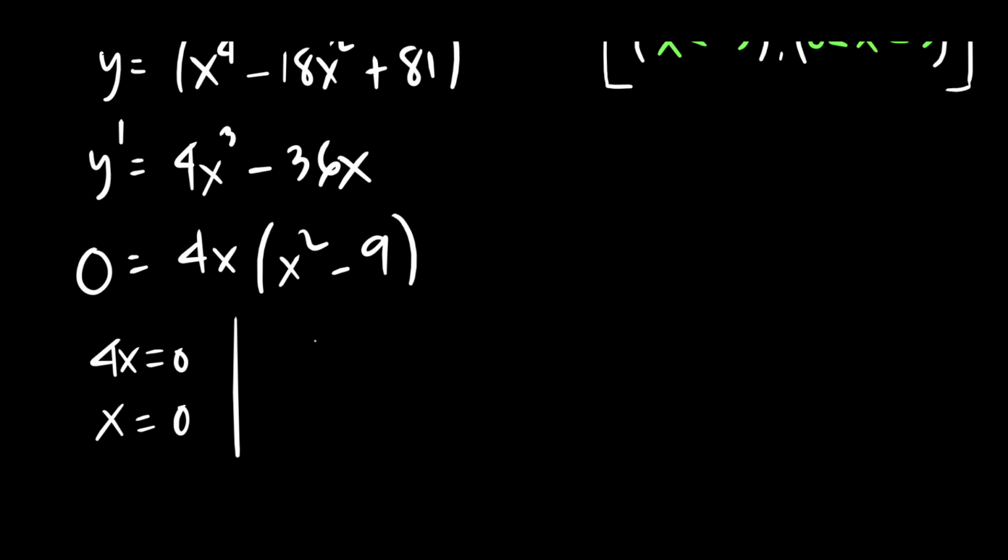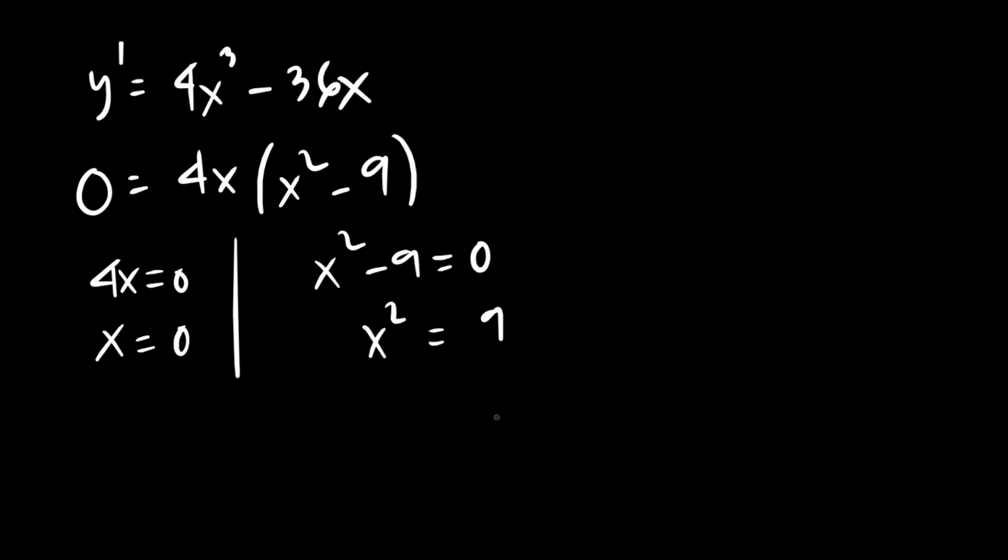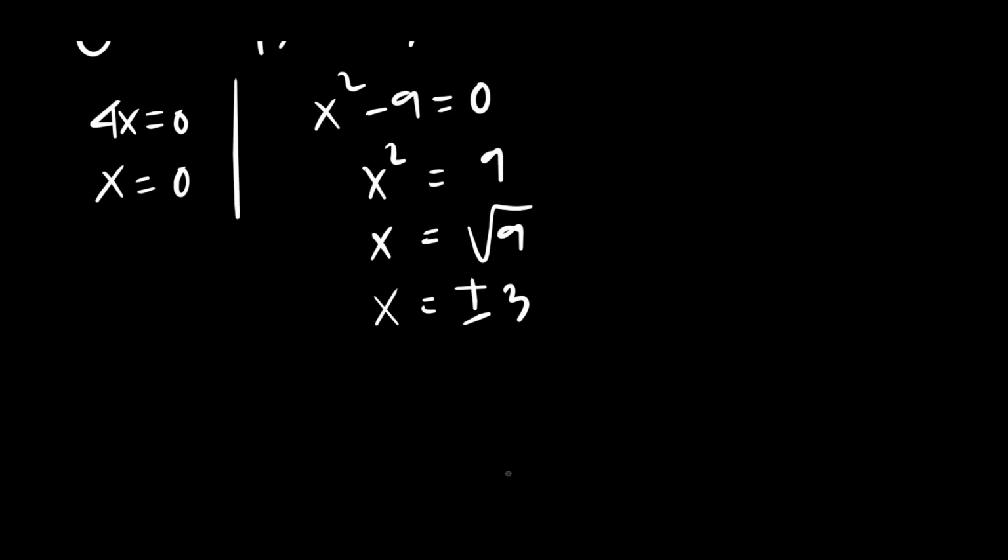And x squared minus 9 equals 0, so x squared is equal to 9, and x is equal to the square root of 9, then x is equal to positive and negative 3.